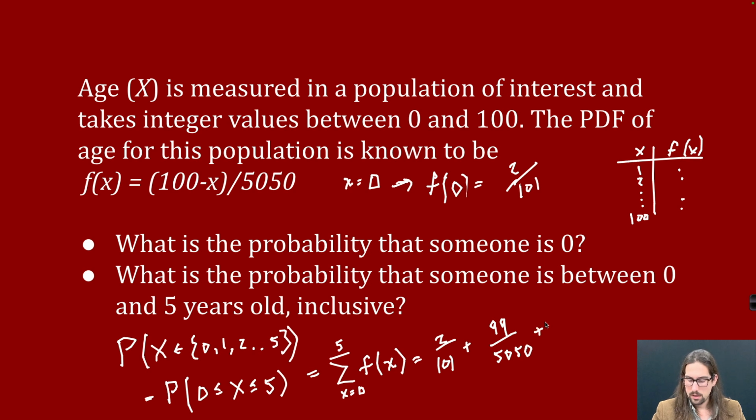And then plus 98 over 5,050. Plus 97. So you get the idea. And then the last one, which corresponds to 5.